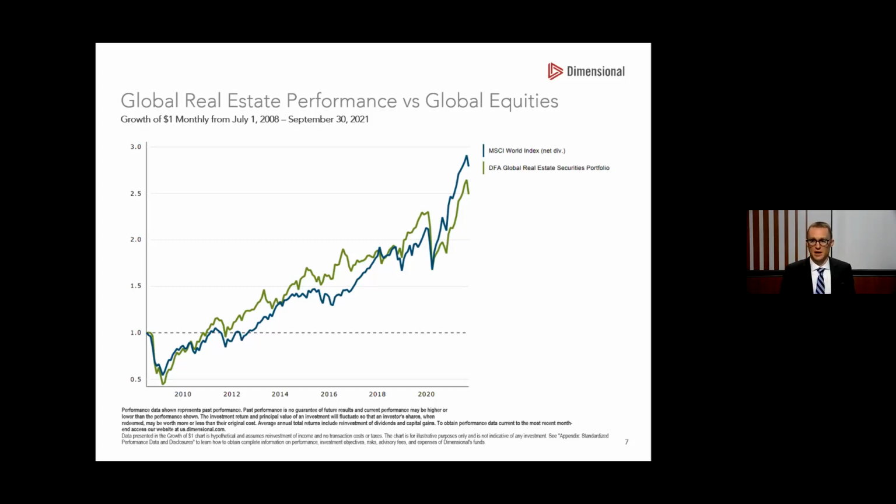But there's actually a lot that happens in between, and there are other periods of time where equities and real estate perform differently. I'm not even saying that real estate and equities perform the same, even in distressed situations like what we saw. You can see in 2008, real estate did a little bit worse than equities did at that time, but it bounced back quite strong.